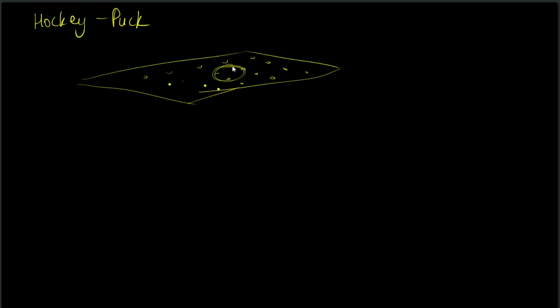It's a game where there is a disc and air is coming out from these holes, and because of the air the disc hovers on the board, so it's like a frictionless disc. One person can hit it from this side and there's a hole and the puck can go in, and it's like playing football but on a frictionless table.